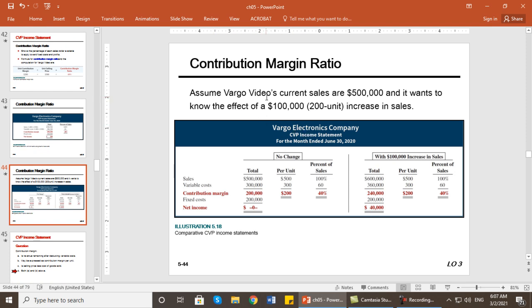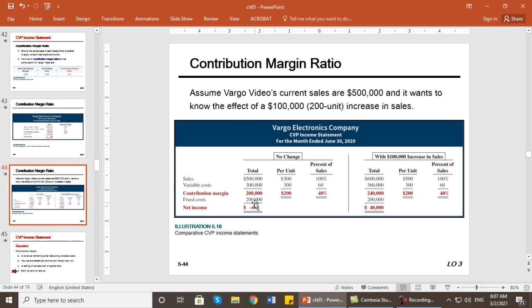Say video's current sales are 500,000, and it wants to know the effect of a 100,000, or 200 units, increase in sales.